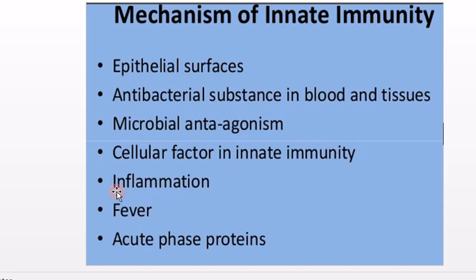neutrophils. Then inflammation. Inflammation happens when any part of our body gets infected: it swells, becomes painful and reddish, and finally it produces pus and ultimately the microbes get destroyed. This is called inflammation. During this inflammation, a person even gets fever, and a lot of acute phase proteins accumulate around the body.